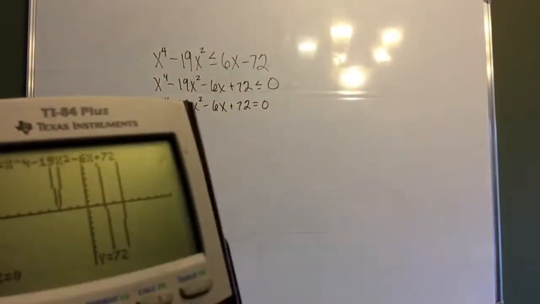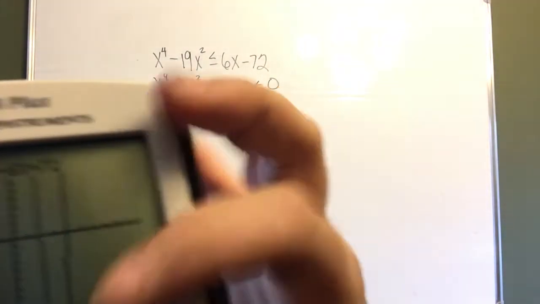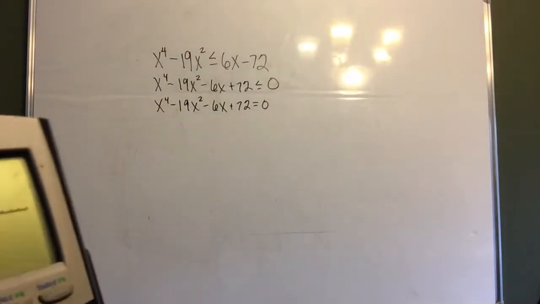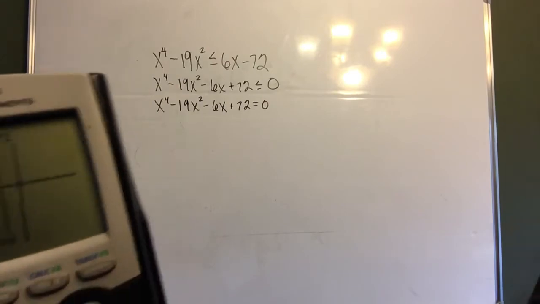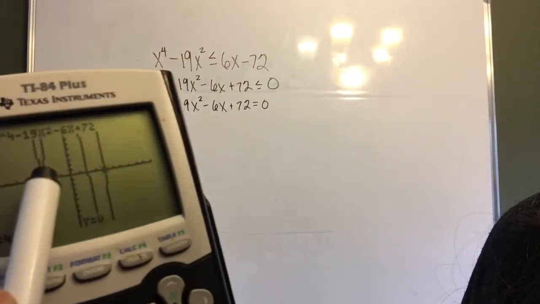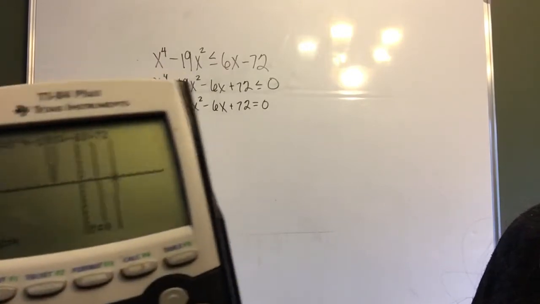And we can check these if we hit trace. So trace -3, yep, that returned a 0. +2, yep, and +4, yes. So those are the 3 answers. And actually you can see how at -3 the graph comes down, touches, and bounces back up, right? It's rebounding.